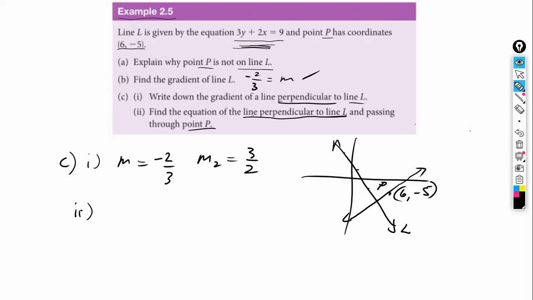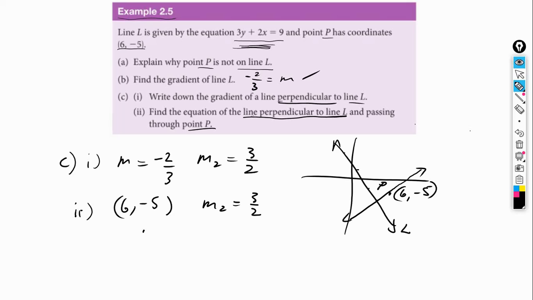So remember that we have everything here that we need because we have a point, which is (6, -5), and we have a gradient, which we called m2 to differentiate it from the first one, which is 3/2. So now all we have to do is plug the information into the gradient point equation.